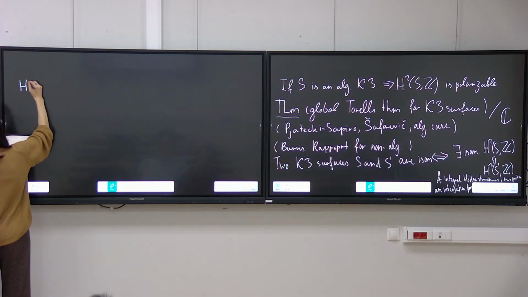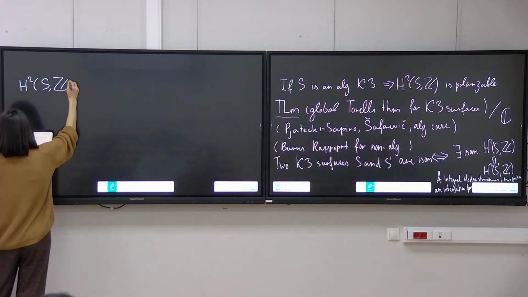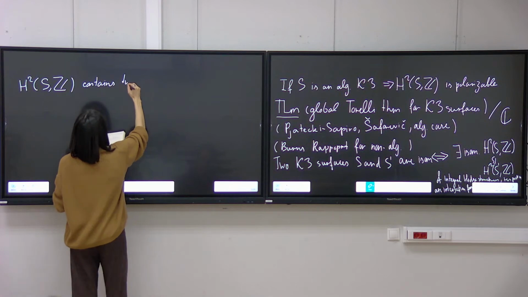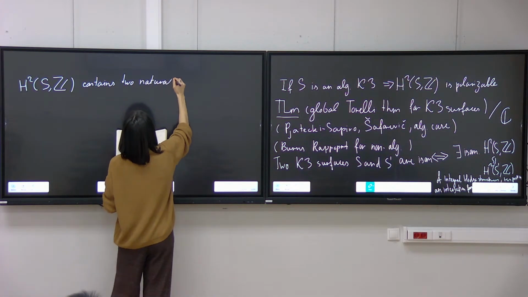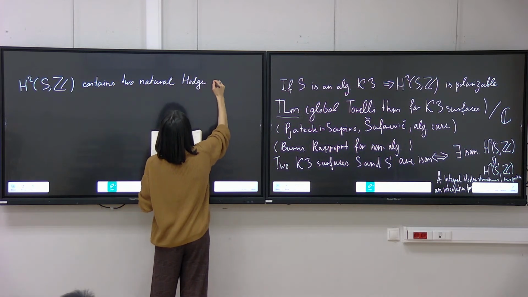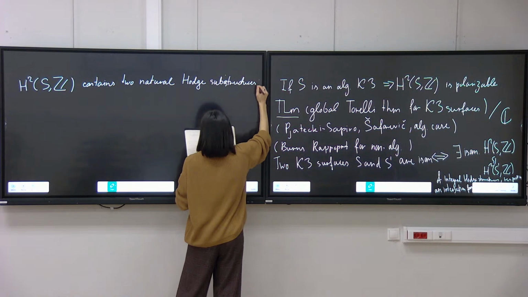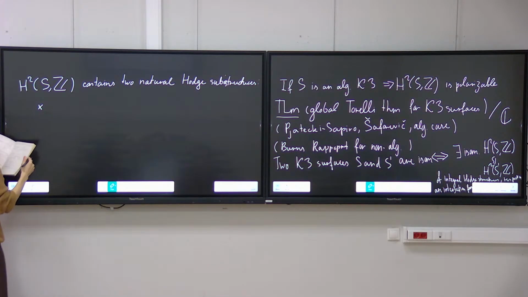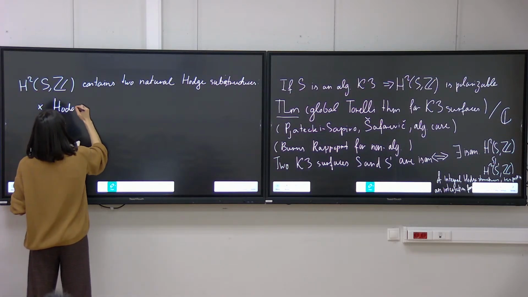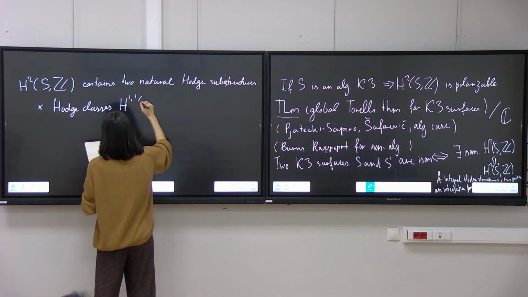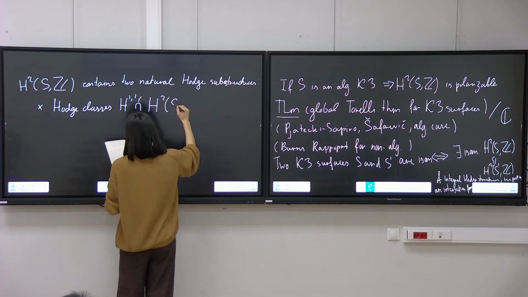So first of all, note that here it contains two natural substructures. The first substructure we have already discussed last time: the Hodge classes intersecting this.